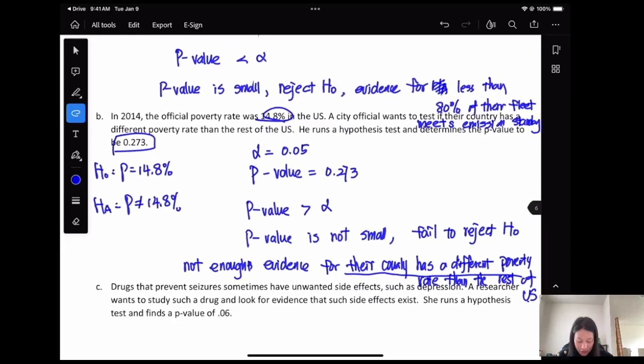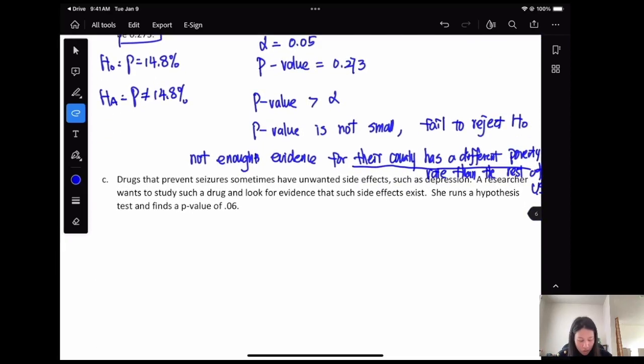Okay, next. Drugs that prevent seizures sometimes have unwanted side effects such as depression. A researcher wants to study such a drug and look for evidence that the side effect exists. She runs a hypothesis test and finds the p-value equals 0.06. Alpha is equal to 5%.